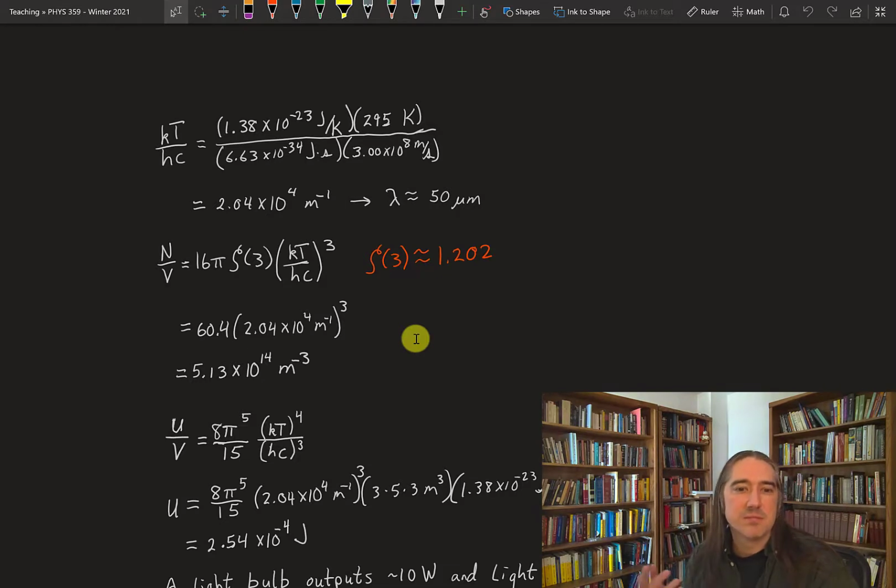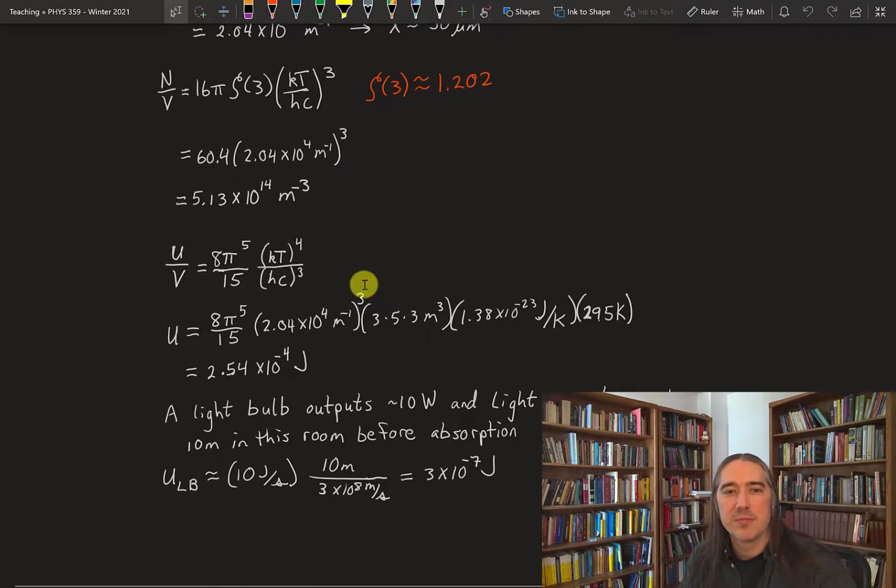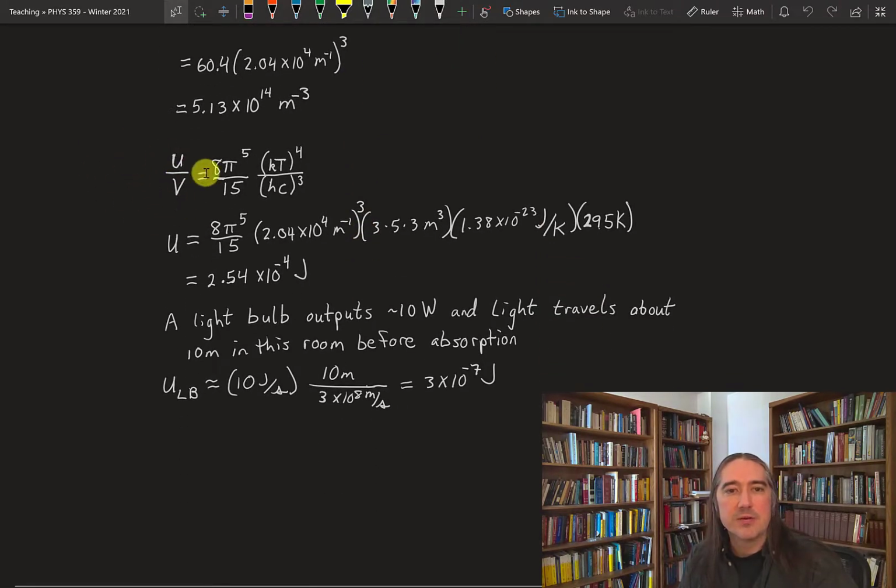Good. Second question. What's the total energy in the room? So we know the energy density formula, 8 pi to the 5th over 15, kT to the 4 over hc cubed. Bring the V over and plug in some numbers. Straightforward. We've still got the same kT over hc, we're going to cube that.